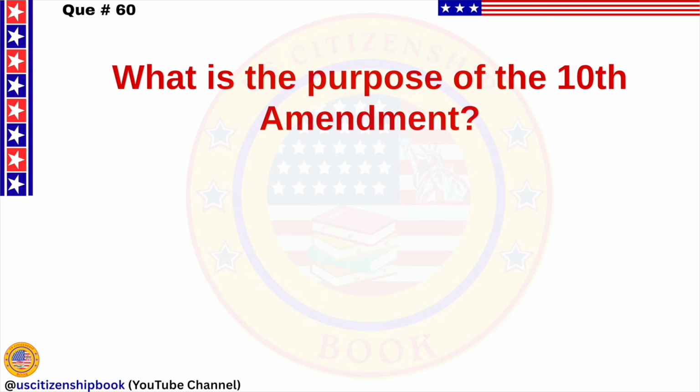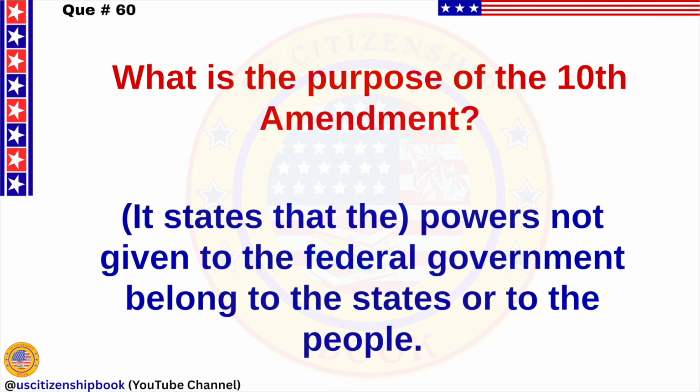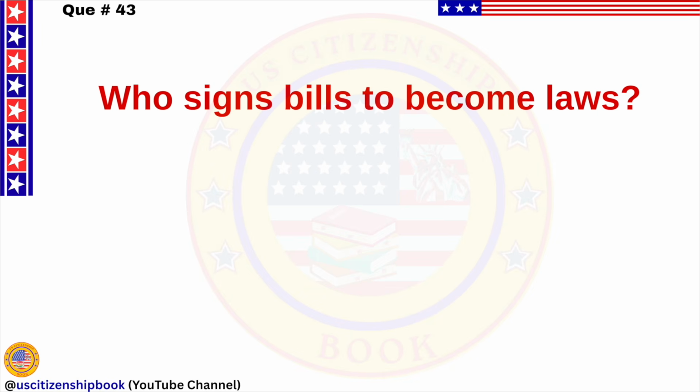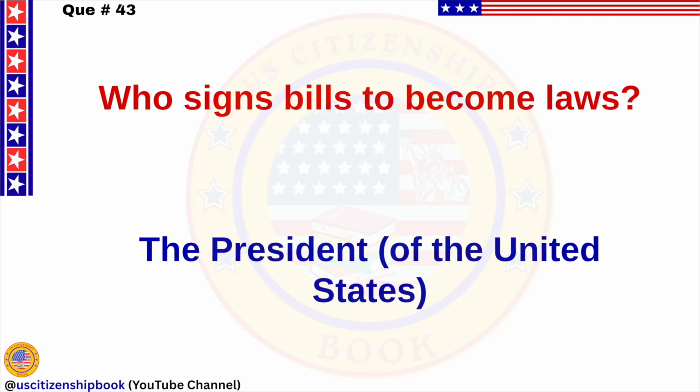What is the purpose of the 10th Amendment? It states that the powers not given to the federal government belong to the states or to the people. Who signs bills to become laws? The President of the United States.